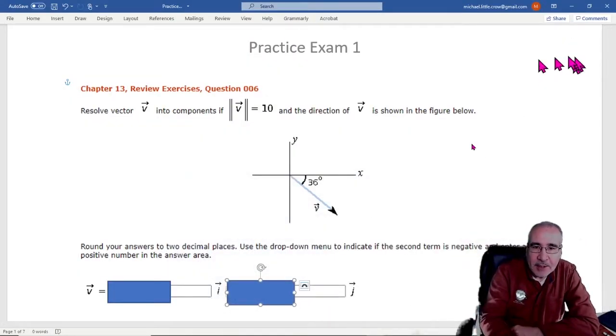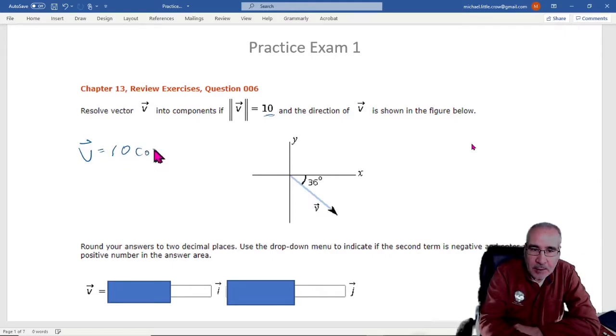Our magnitude is going to be 10, so the vector is equal to 10 cosine of 36 degrees, and that's the i component, plus 10 sine of 36 degrees.